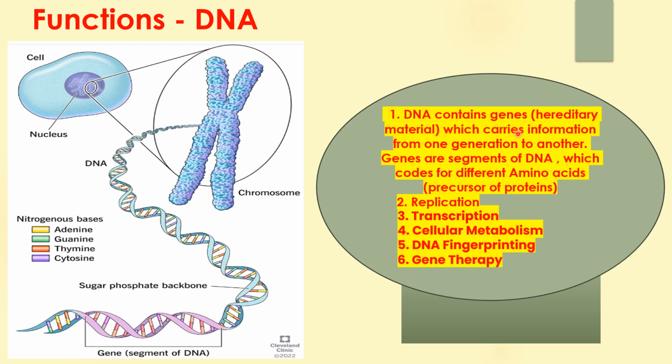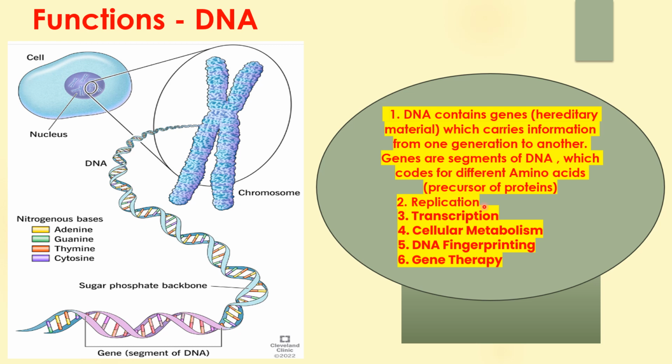Now DNA contains genes, segments of DNA which are responsible for coding the amino acids, that is precursors of proteins. We know from DNA we get RNA and from RNA we get proteins. So DNA to RNA is known as transcription. So another function of DNA is transcription.